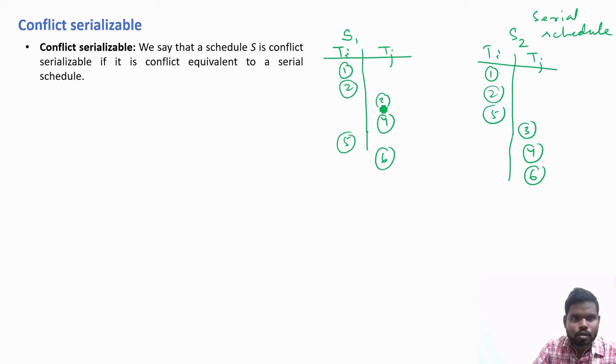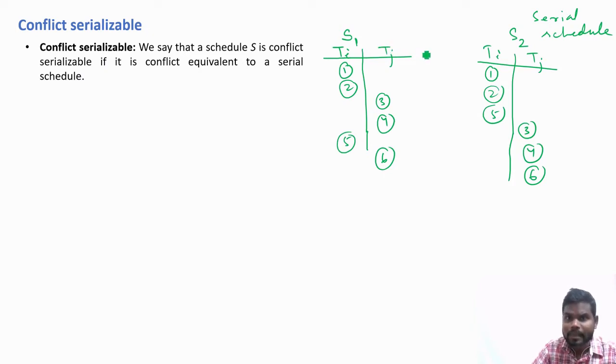So we say that schedule S is conflict serializable if it is conflict equivalent to a serial schedule. In this example S1 is a schedule, S2 is a schedule, and S2 is a serial schedule. If S1 is conflict equivalent to S2, which is a serial schedule, then we can say that schedule S1 is conflict serializable.